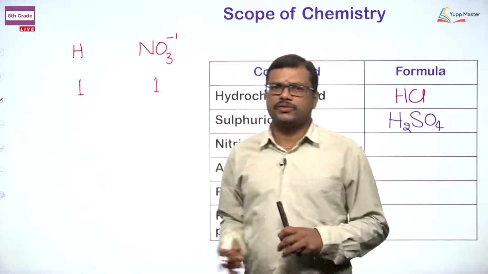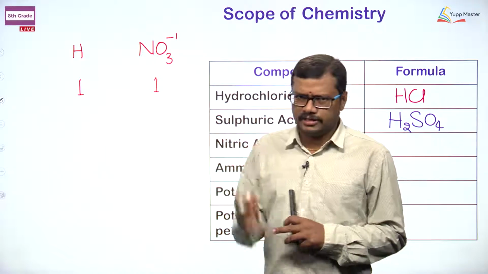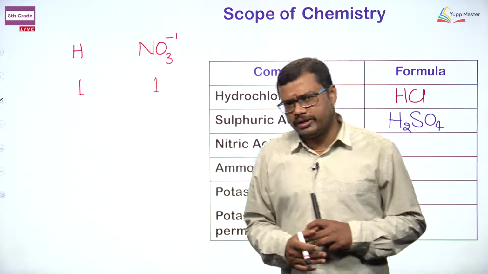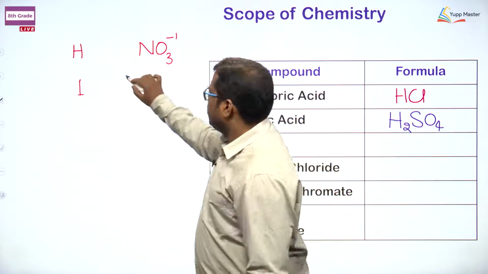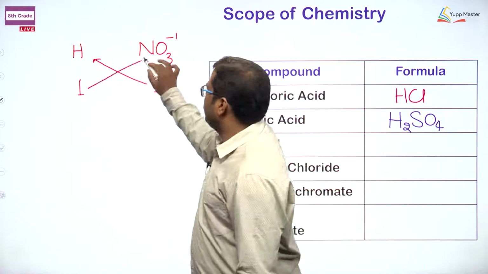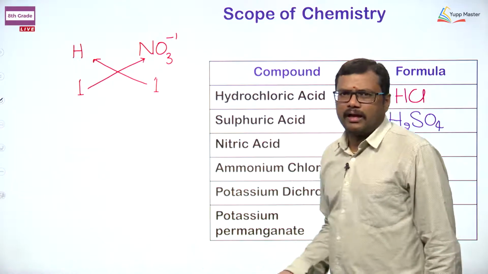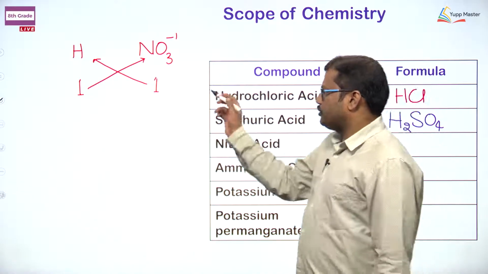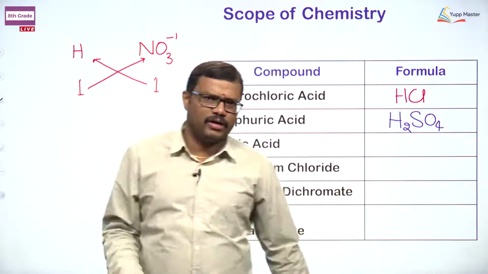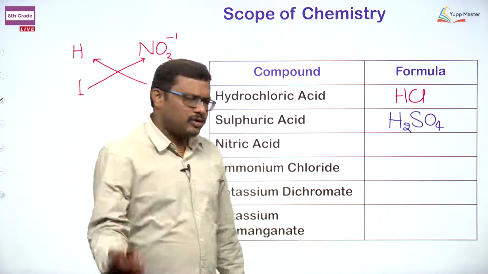Dividing the valencies with the highest common factor, the simplest ratio between hydrogen and nitrate ion is 1:1. So exchange the valency of nitrate ion to hydrogen and valency of hydrogen to the nitrate ion. What we get is hydrogen taken one time, NO3 taken one time only. So when we have 1 in the valency, it has to be ignored.